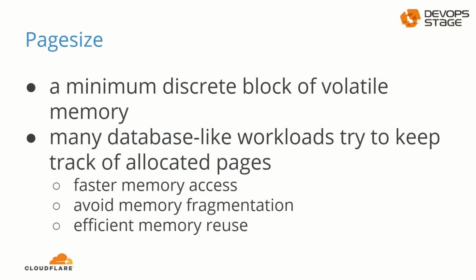They do it for different reasons. The most common are faster memory access, sequential memory access, avoiding memory fragmentation, and efficient memory reuse, not to use the system allocator all the time. So they just allocate some pages and keep track themselves of which pages are needed and which pages are not needed.